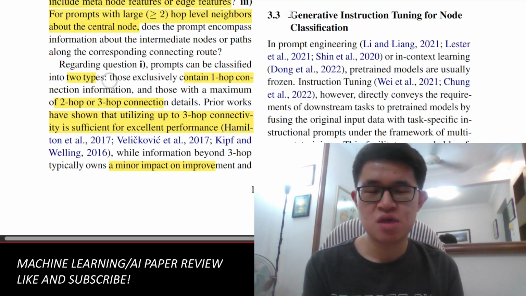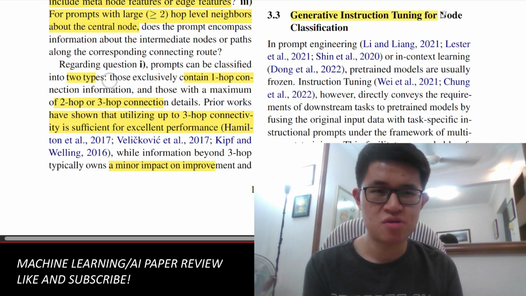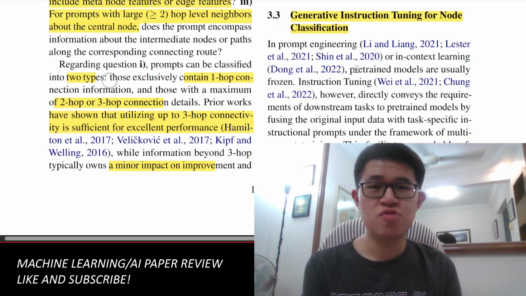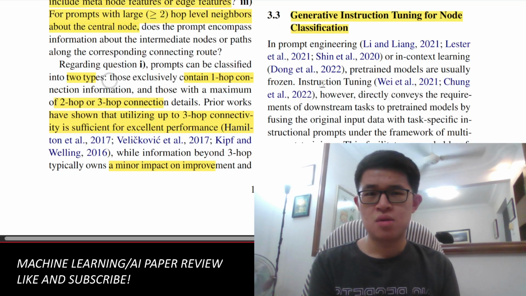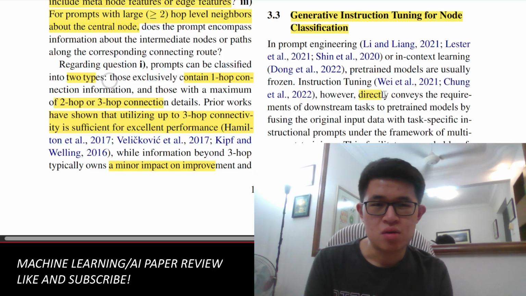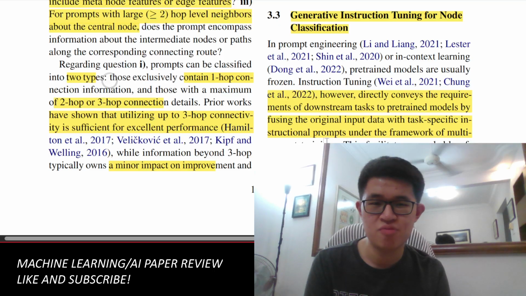Section 3.3, generative instruction tuning for node classification. In prompt engineering or in-context learning, pre-trained models are usually frozen. In instruction tuning, they directly convey the requirements of the downstream tasks by fusing the original input data with task-specific instruction prompts under the framework of multi-prompt training.